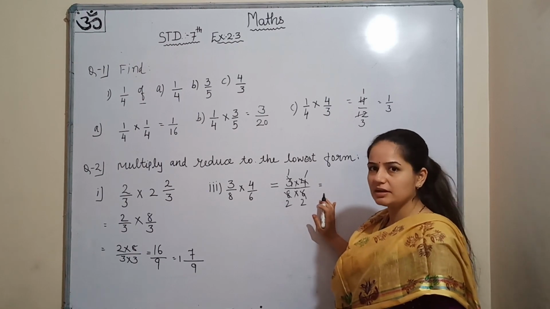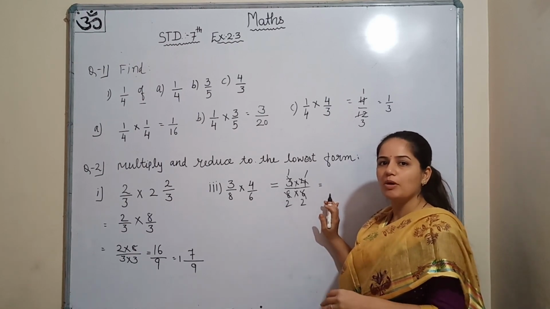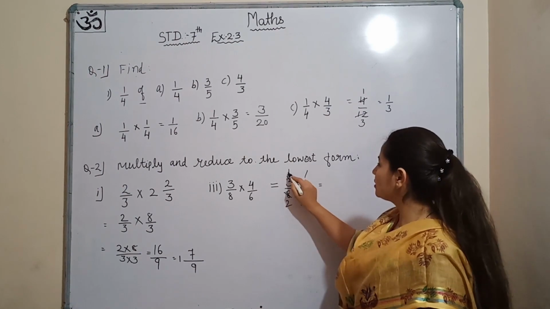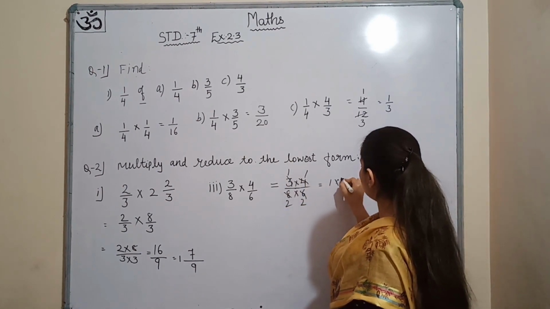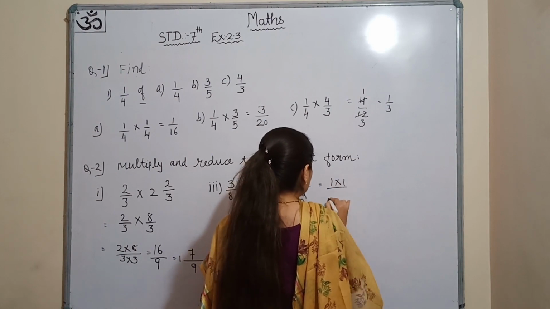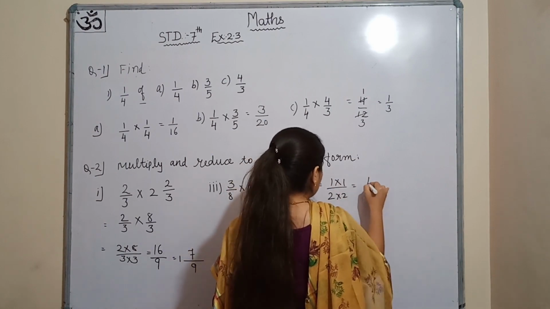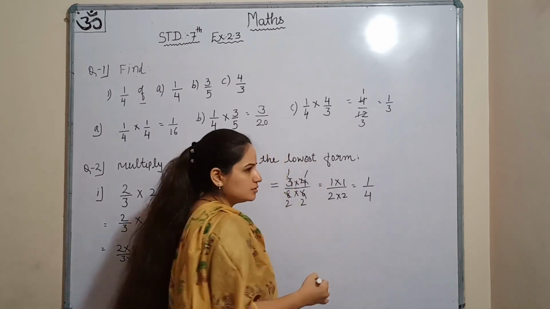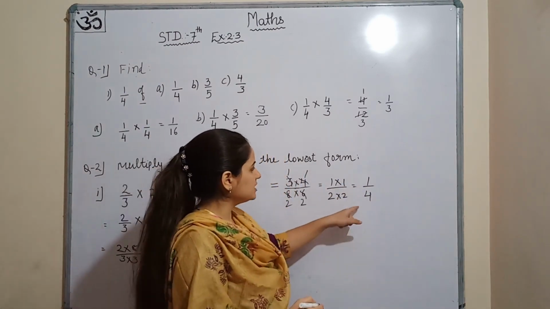Now the remaining factors will be multiplied together to obtain the answer. So the remaining factors are 1 into 1 in the numerator and 2 into 2 in the denominator. That is 1 ones are 1 and 2 twos are 4. This 1/4 is your answer.